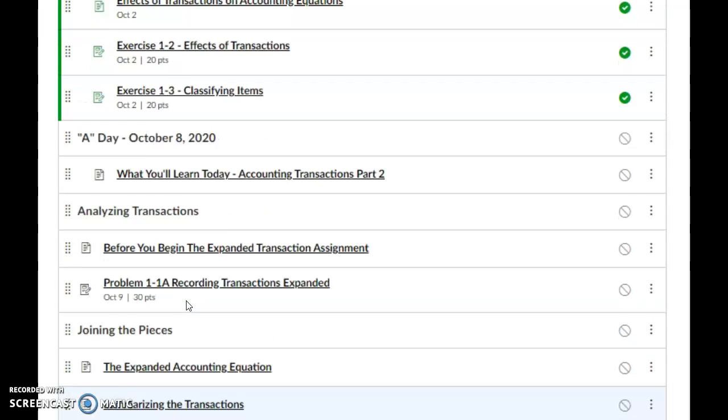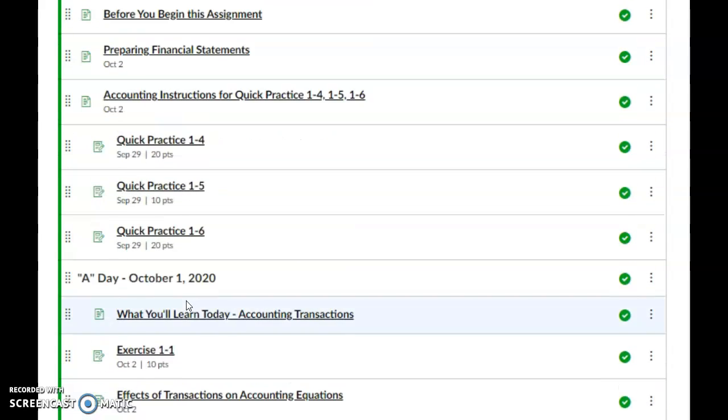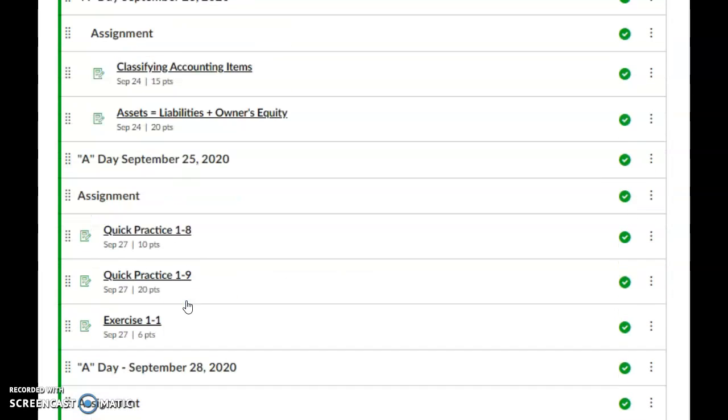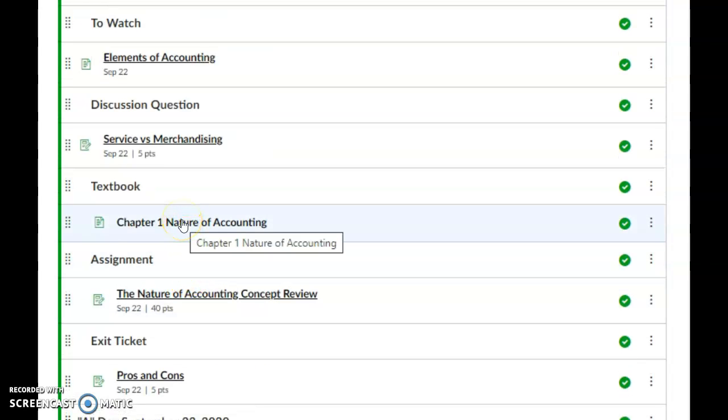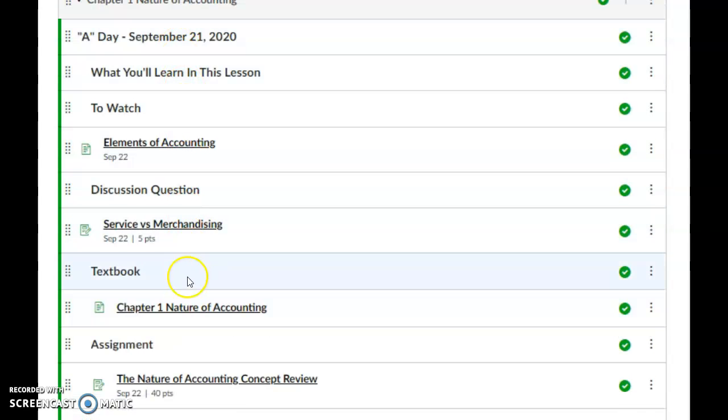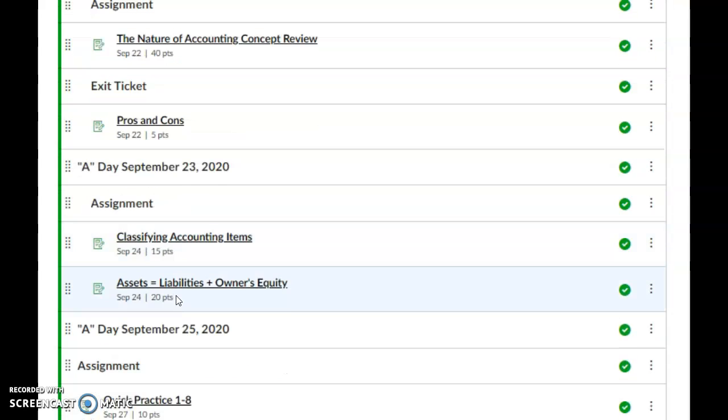Also, I want to remind you that you have in your textbook Chapter 1, The Nature of Accounting, under September 21st's module, and it will outline each transaction that you will be doing today. So if you get stuck, go back to your chapter and read it, because there's a lot of good information in it. So now let's look at what we're going to be doing today.